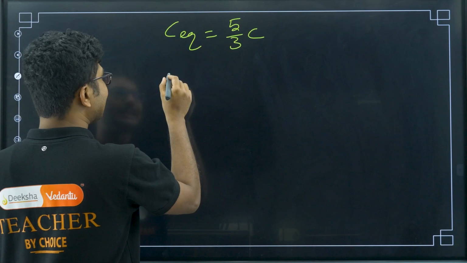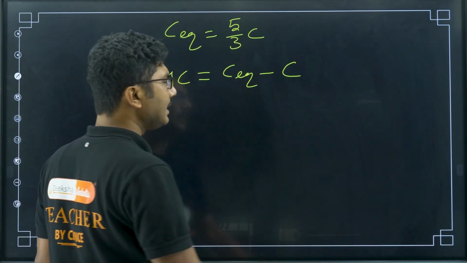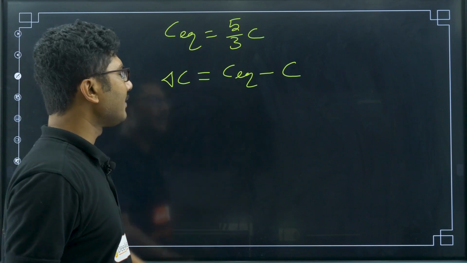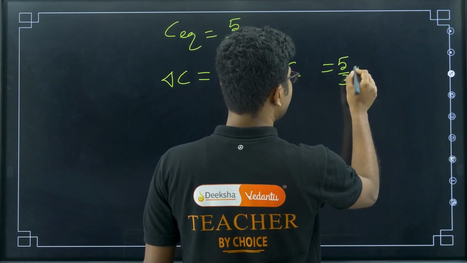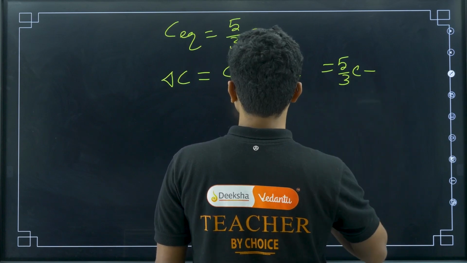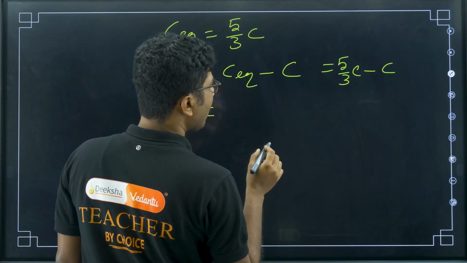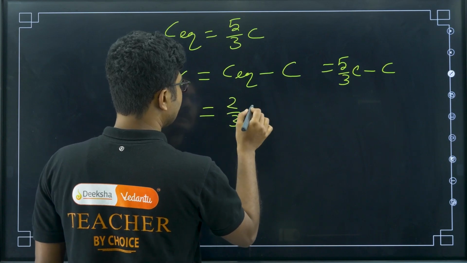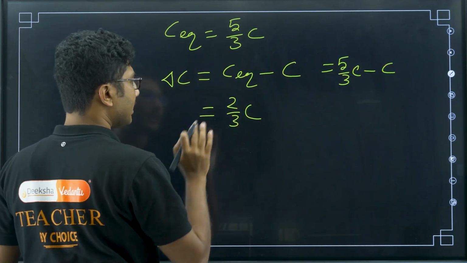Now how much did it increase? So delta C, the increase, is C equivalent minus C. It was the initial value, this is the final value. So we write 5 by 3 C minus C, that is equal to 2 by 3 C. This is very simple trivial mathematics, so I am not going to explain how this comes.